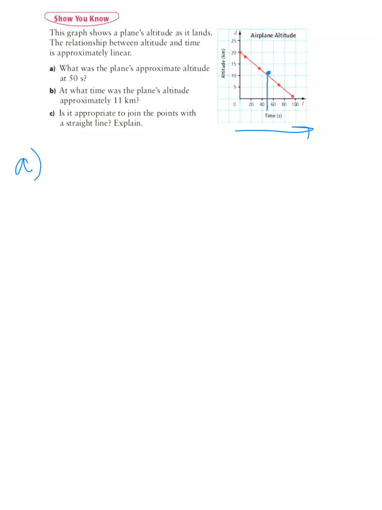So right here, we have to ask ourselves, what is this value if we look to this axis? Well, it's about 10. So when t is 50 seconds, we can interpolate by going between the dots, and we figure out that the altitude is about 10 kilometers.